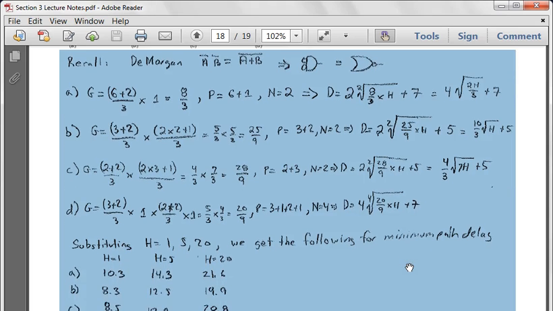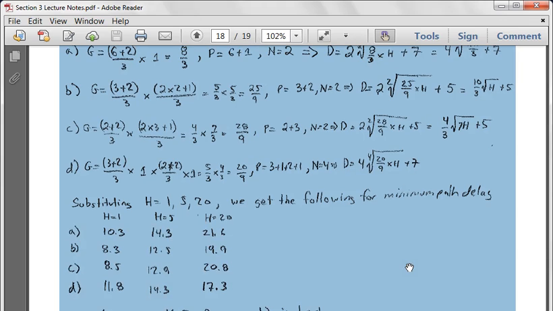Now, I've taken the liberty of substituting the values 1, 5, and 20 for h into each equation. For A, the initial value is 10.3. For h equals 1, 5, and 20, it becomes 14 plus 3 and 21 plus 6. Initially they're all going up.